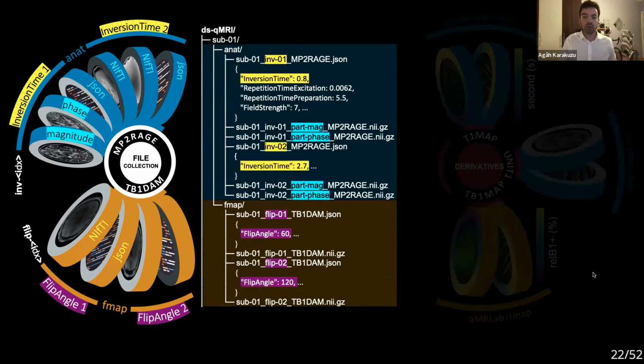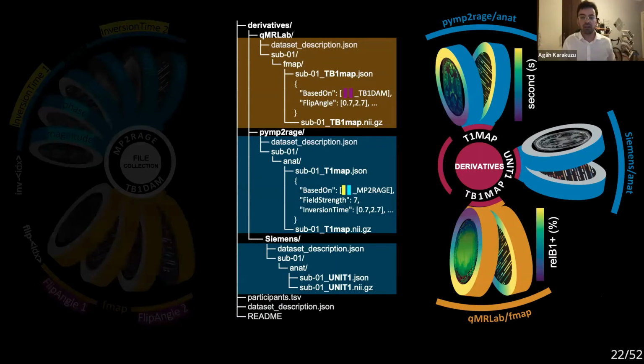This is the vocabulary of the file collections using inv, part, and flip parameter indexing entities, and all the metadata requirements are defined on a method by method basis with all the units and file names standardized. And this is the directory tree for the derivatives. As you can see, the output metadata has information about the inputs.